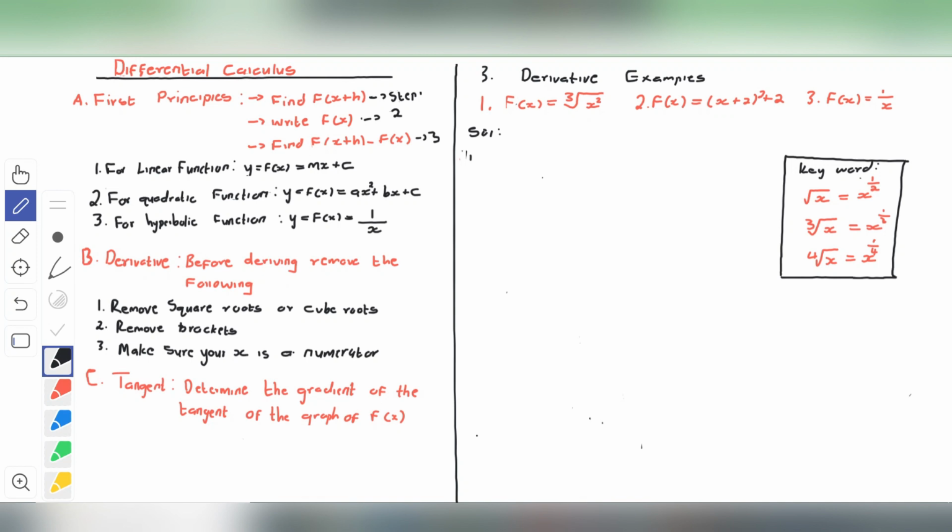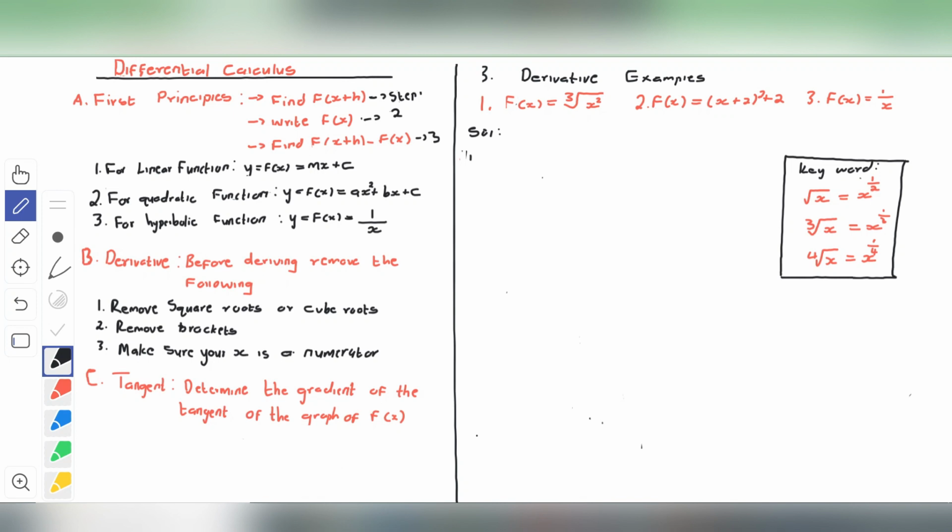You can see that 2x is in the denominator. So you need to write it in a form where your x is in the numerator. In simpler terms, you're going to write your x in negative exponent form, right? We'll talk about it later.